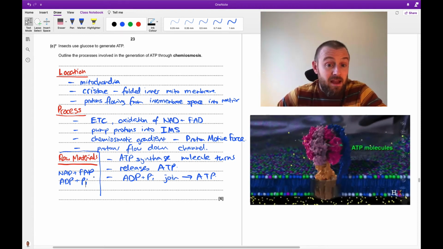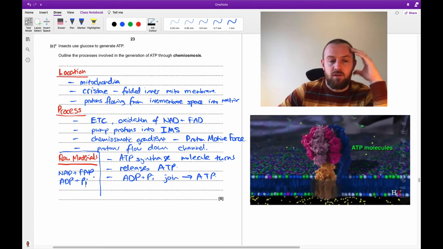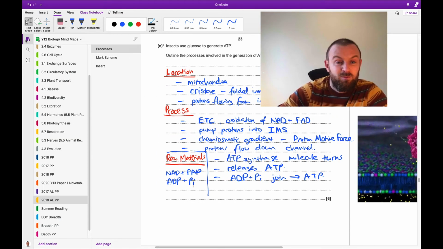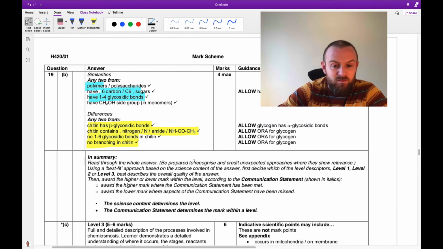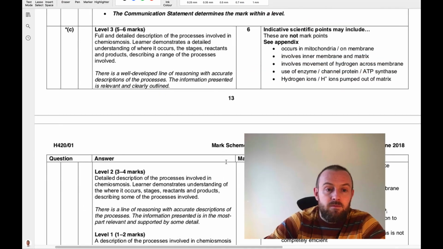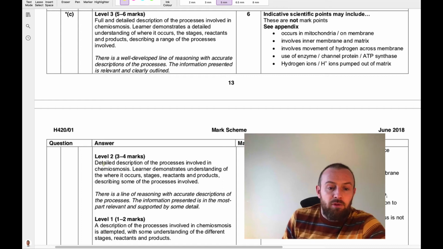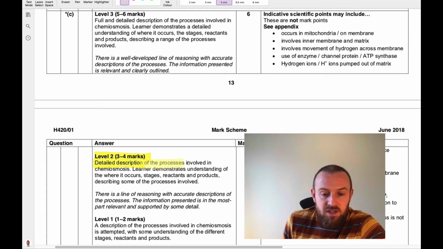So let's have a look at the mark scheme, just to absolutely make sure, and for you to be able to mark your answer. Okay, so again, let's briefly look at the level descriptors. Let's start with the 3 and 4, because hopefully most of you are hitting this. 3 and 4 marks is a detailed description of the processes involved in chemiosmosis. Accurate descriptions of the processes.